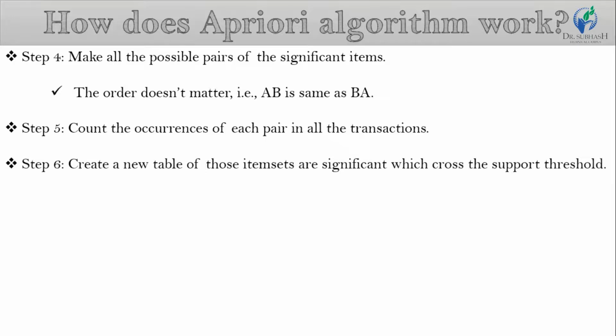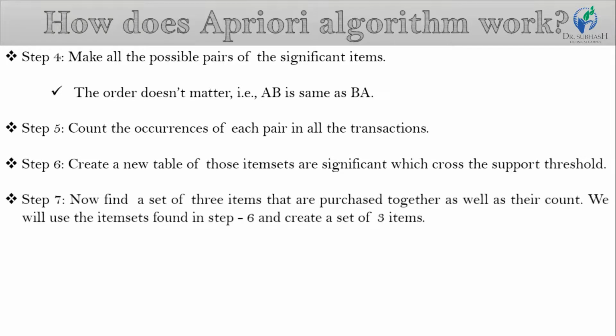threshold. Now, in step 7, we find a set of 3 item sets that are purchased together as well as their count. We will use the item sets found in step 6 and create a set of 3 item sets.